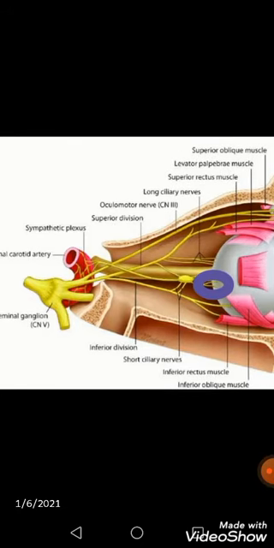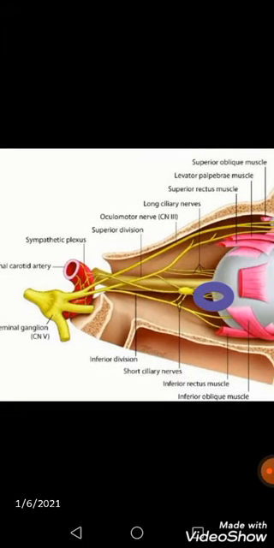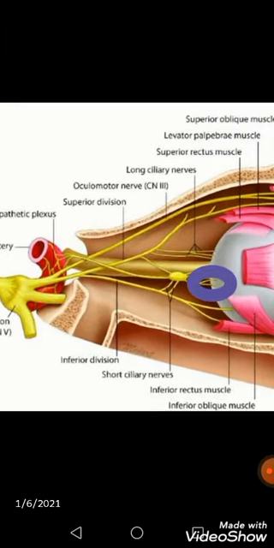This plexus gives rise to fibers which are postganglionic, coming from the superior cervical ganglion, and they do not relay in the ciliary ganglion.